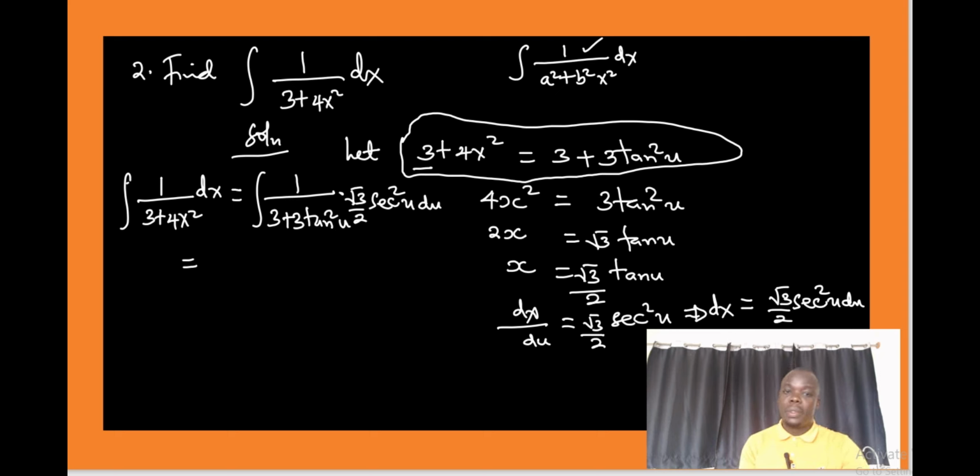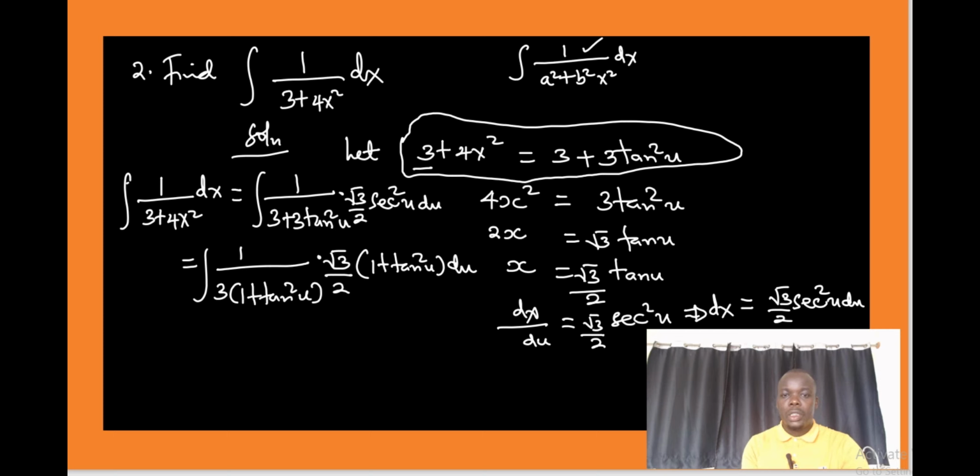I will pull it out. When I pull it out, I will realize that actually I have integral of 1 over 3 into brackets 1 plus tan squared of u. But remember, we also have a root 3 here. I'll be patient with it. Over 2, sec squared is the same as 1 plus tan squared of u with respect to u.